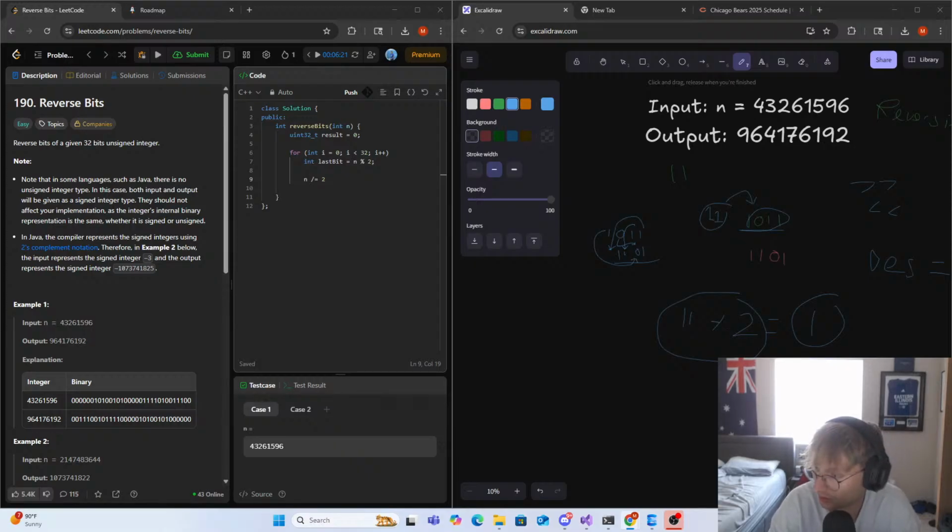Let's confirm that. Is that right shifting? It discards the last bit.